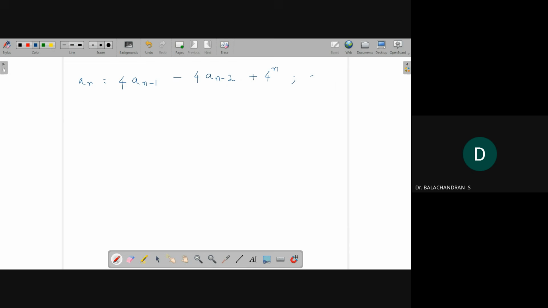So this is a problem where n is greater than or equal to 2, given that a naught equals 2 and a1 equals 8. Okay, so this is the given problem.